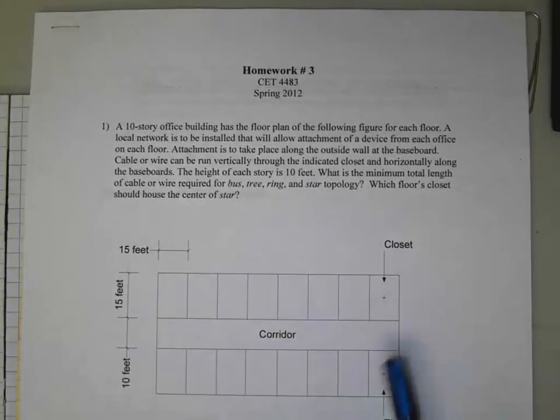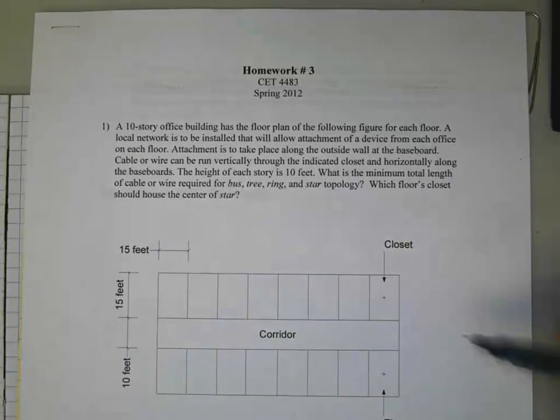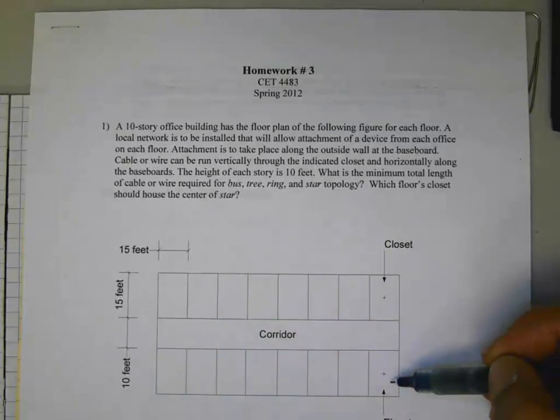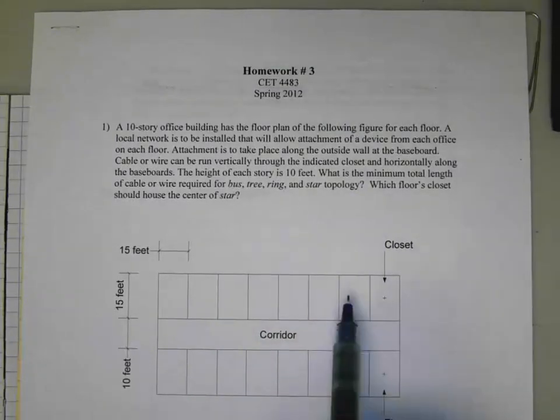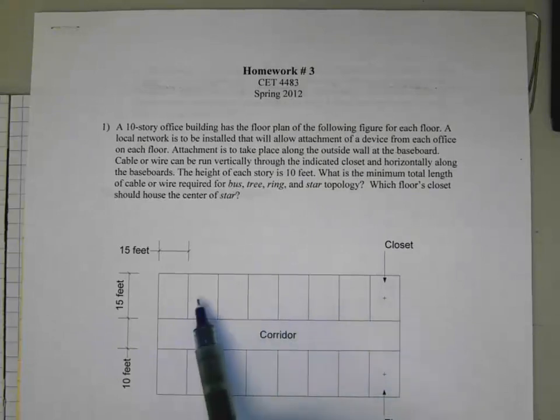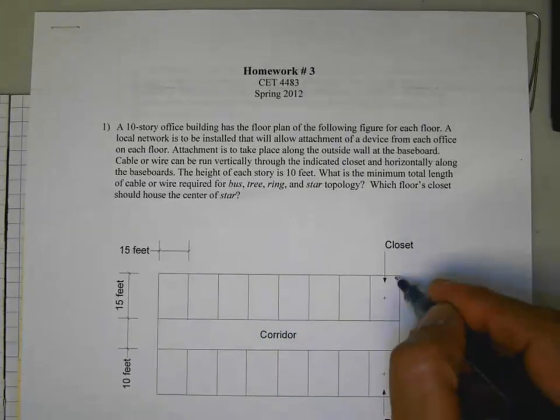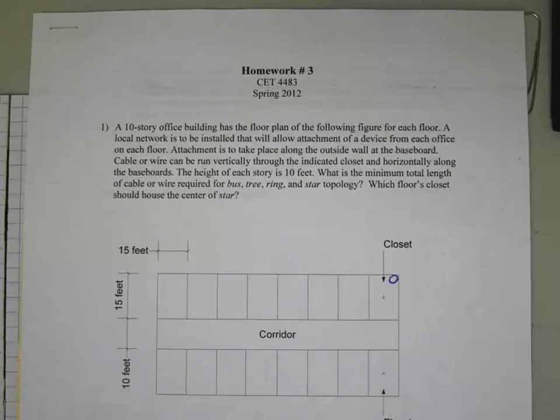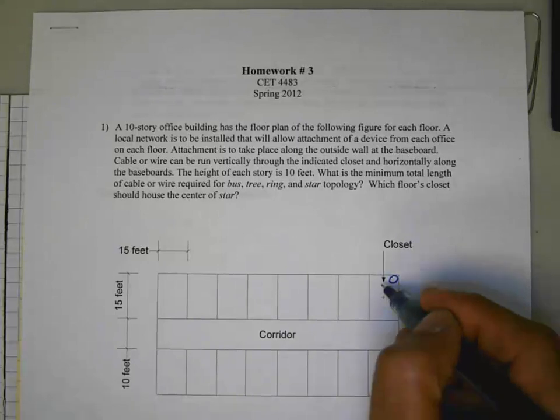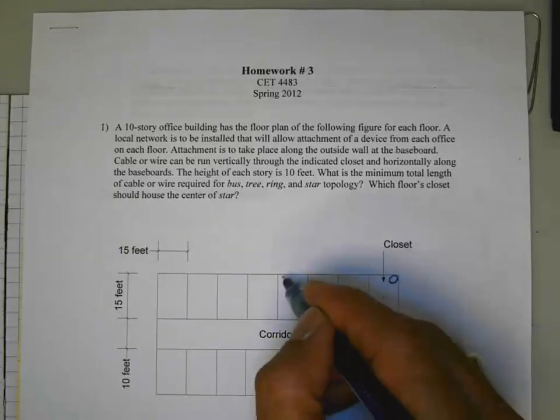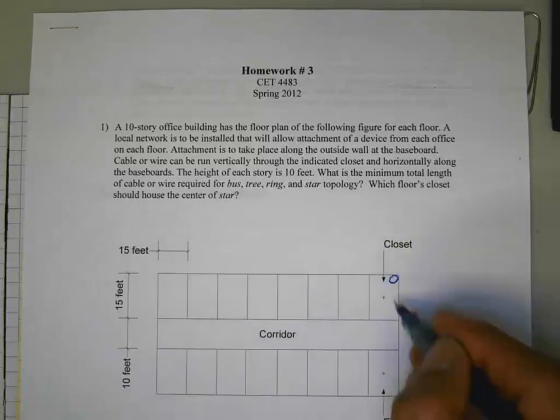Now, here is the floor plan of this building. There's a closet, here's the elevator, and there are 7 offices on each side. And we want, through an opening, to bring that wire or cable and connect them to each office, right?